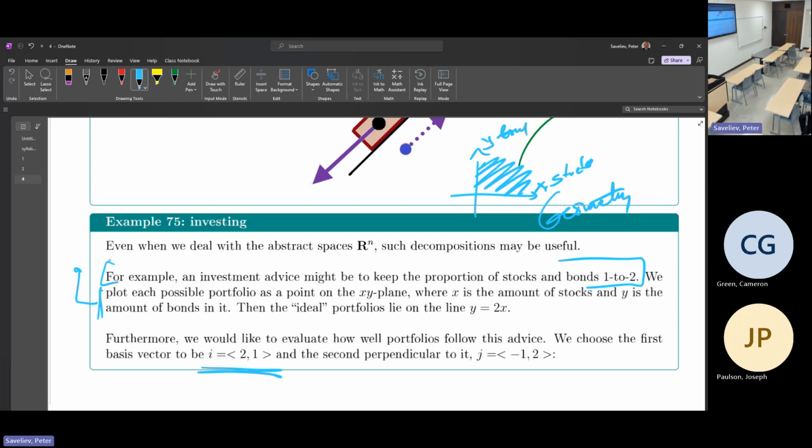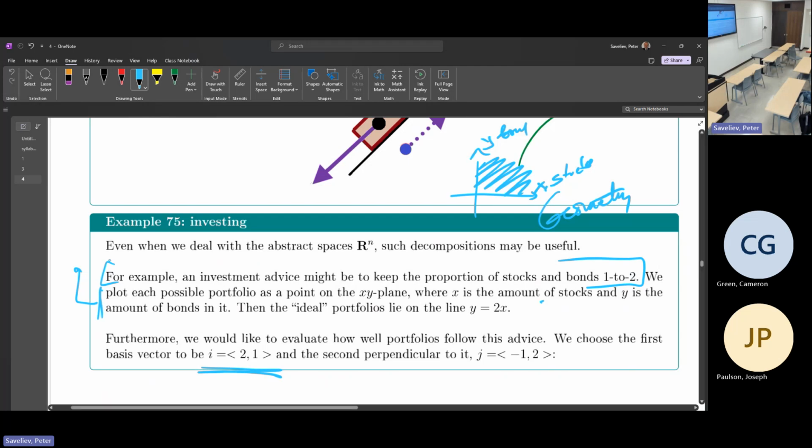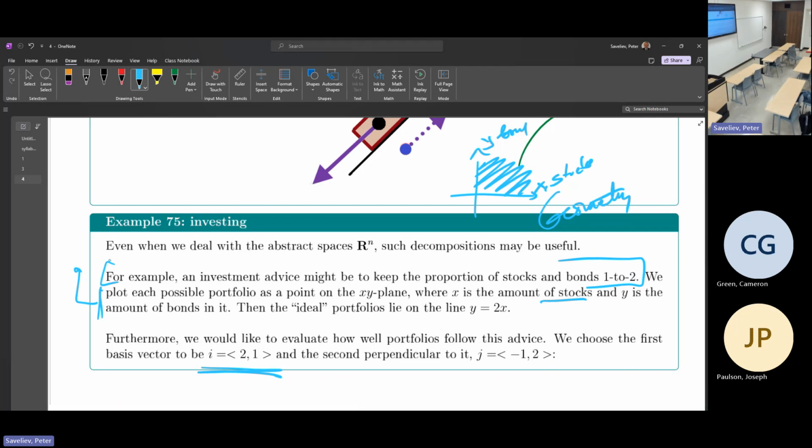Am I doing the opposite here? Stocks and bonds is 1 to 2. Which one is the first one? Which is the second one? Stocks first, Y bonds second. I think my algebra here is okay.